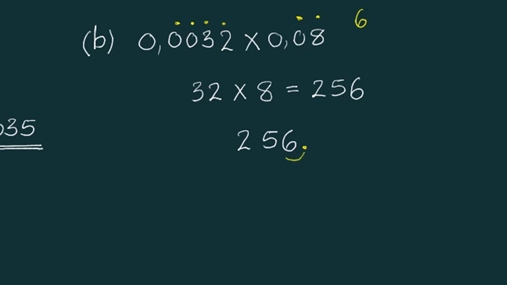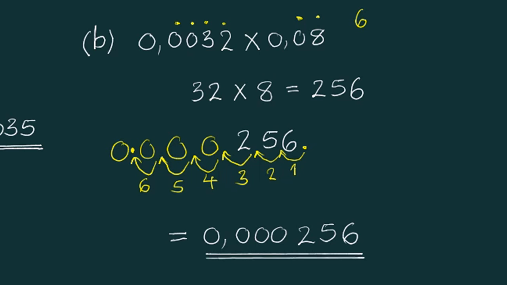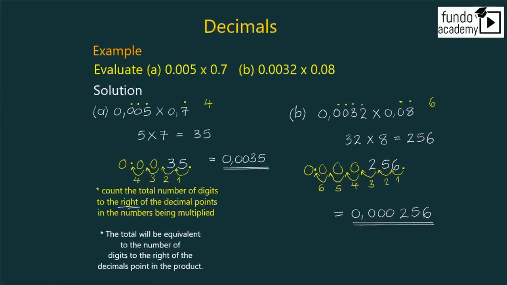I have to move it 6 times. I move 1, 2, 3, and I put a 0 behind it since there's no more digit, and I move 4 and place a 0 again, and I move 5, 0 again, and I move 6, and my decimal point will be right here, and I put a 0 just behind that, so that my solution comes out as 0.000256.